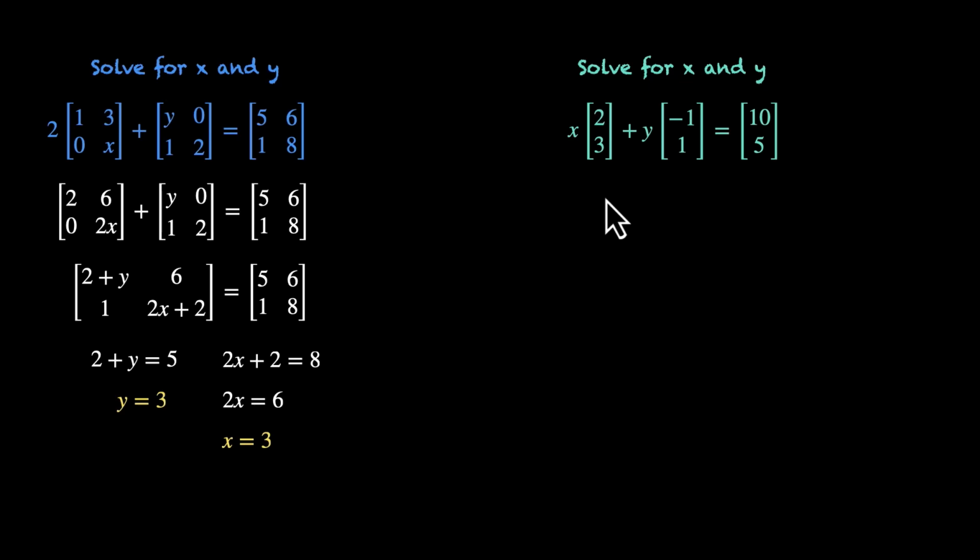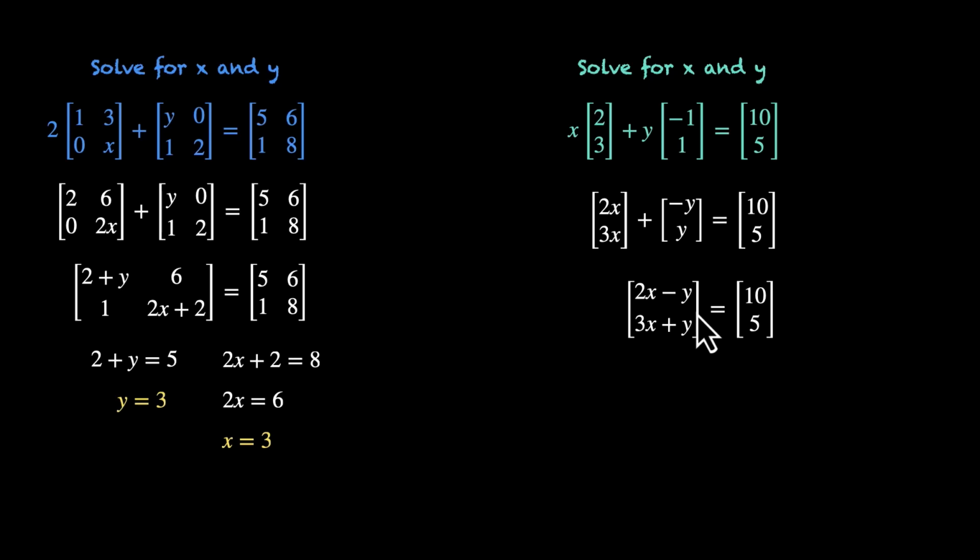Okay. So when you multiply x, all of these elements will get multiplied by x. So this is 2x, 3x. Same is the case for y, minus y, y equals [10; 5]. Now you can add these two, 2x minus y, 3x plus y. So this matrix is equal to this matrix, which means we'll get 2 equations. The first one is 2x minus y equals 10.